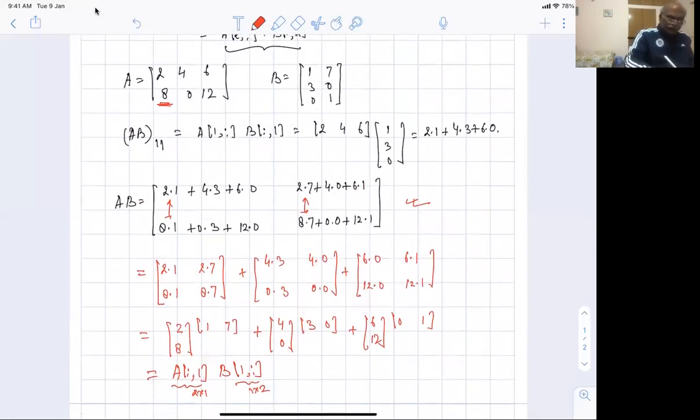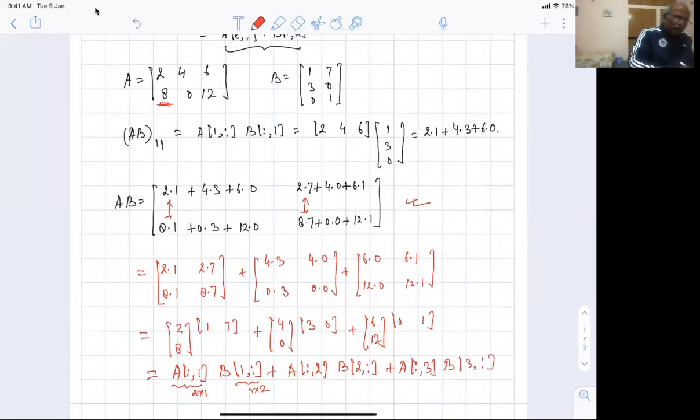Fine. Similarly, if I look at this, this is nothing but the second column of A, 40 is the second column, and I'm multiplying this to the second row of B. Is that okay? Similarly, third times third.